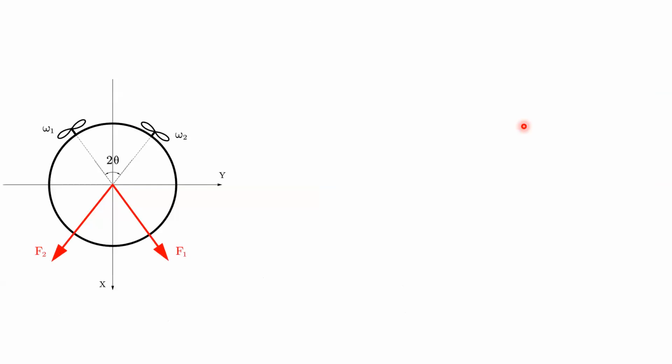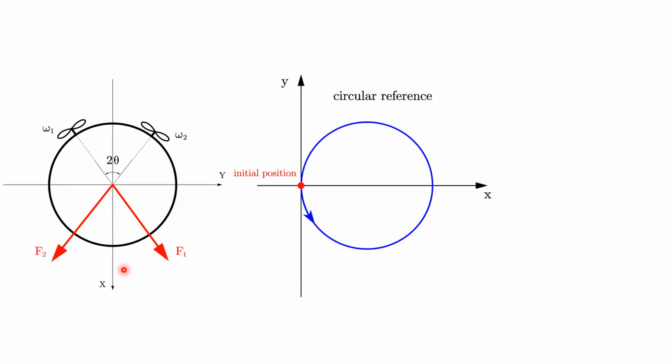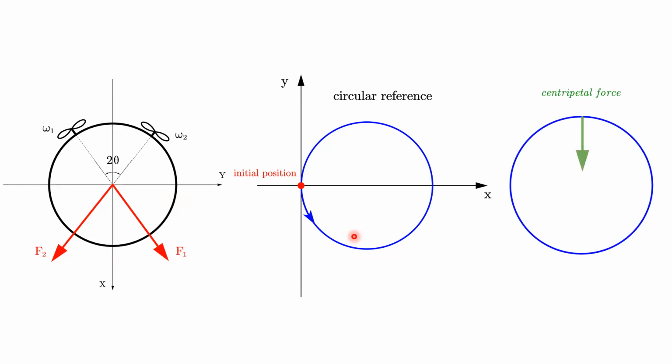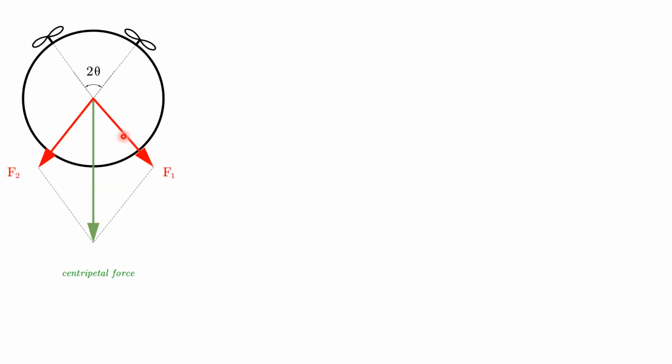This is our system. It is able to produce 2 thrusts. This is the reference. To follow this reference, the centripetal force is required. The green arrow represents the desired centripetal force. This centripetal force can be produced by F1 and F2 in this pattern.